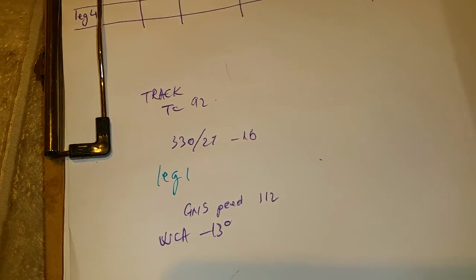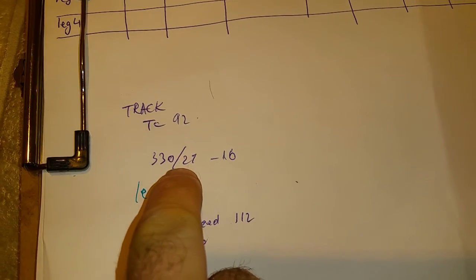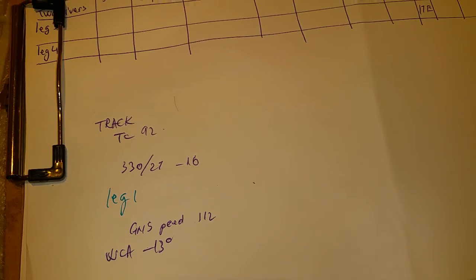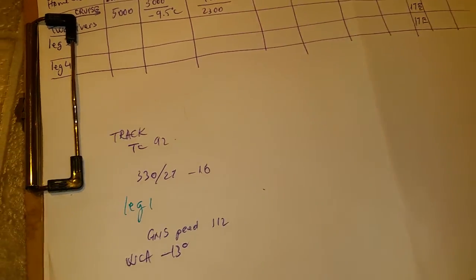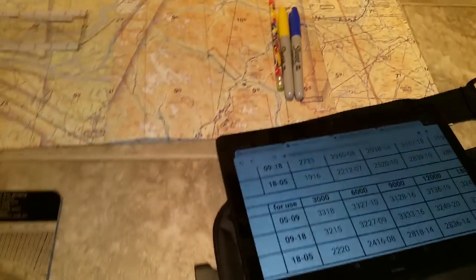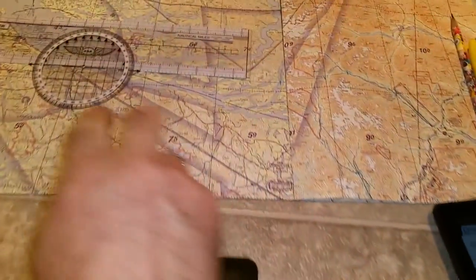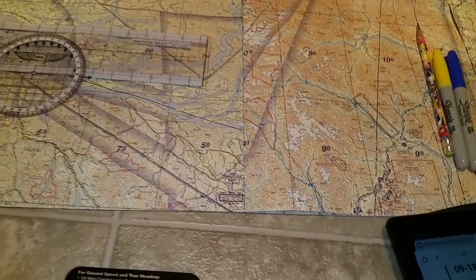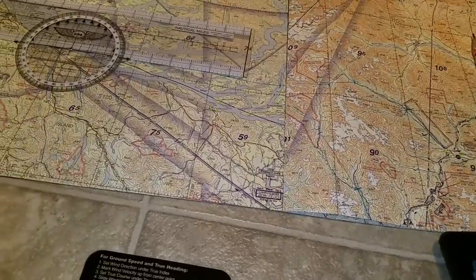Okay, so I have this information, track, the wind direction, speed, and we need to know the ground speed and wind correction angle. Why do we need ground speed? Because we need to know how long it takes to travel this distance, this first leg, then second and third and all that stuff. Why do we need that?